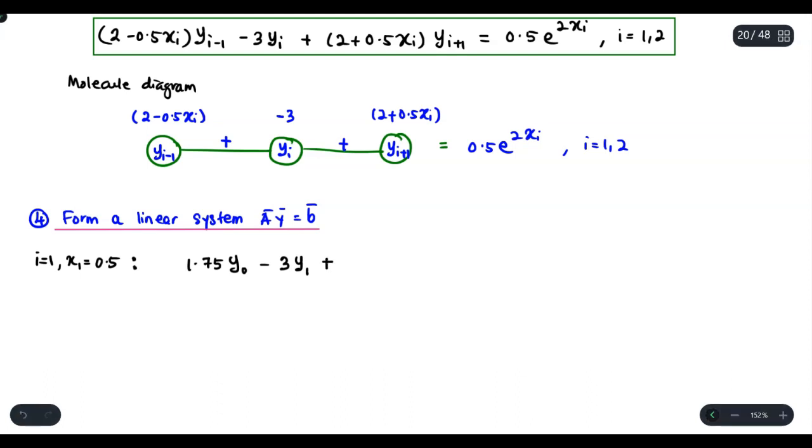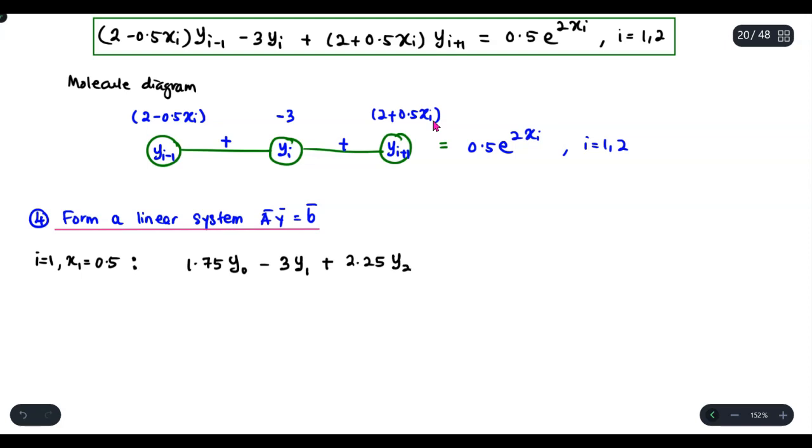The third term, you have plus, so the coefficient is 2 plus 0.5 times x1, which is 0.5. So 2 plus 0.5 times 0.5, you will have 2.25. That is the coefficient for y2.